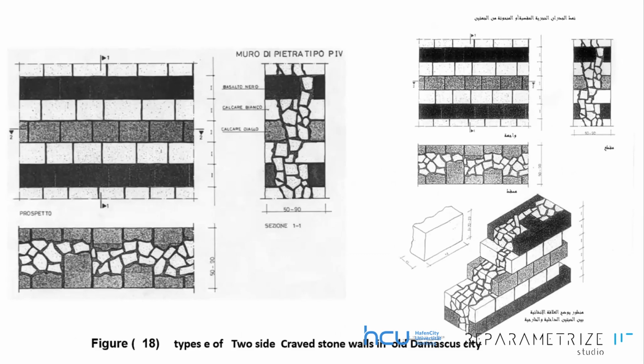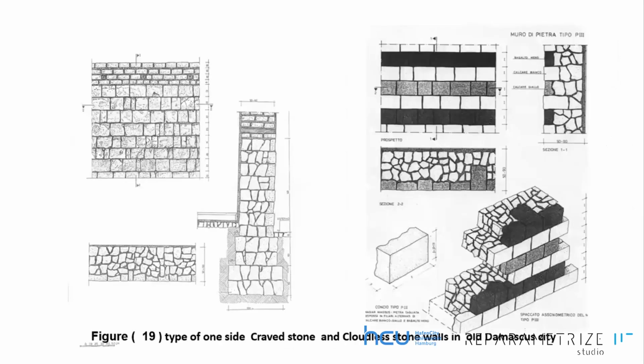And the second one is the type of one-side curved stone, also using a plaster or lime plaster inside the wall. And the third one is the cloudless stone wall, natural stone covered also by lime plaster from 2 sides.